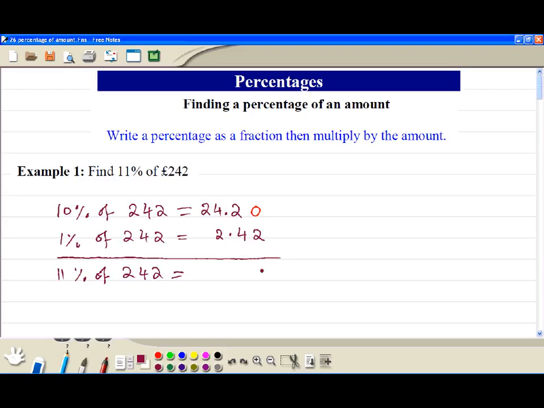So 0 plus 2 is 2, 2 plus 4 is 6, then we have the decimal point, 4 plus 2 is 6, then we have just 2 plus nothing is 2. So therefore 11% of £242 is equal to £26.62.